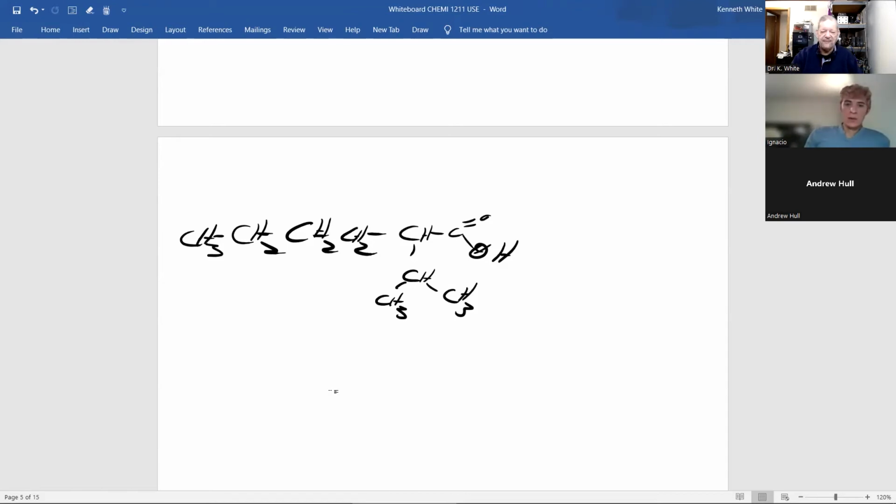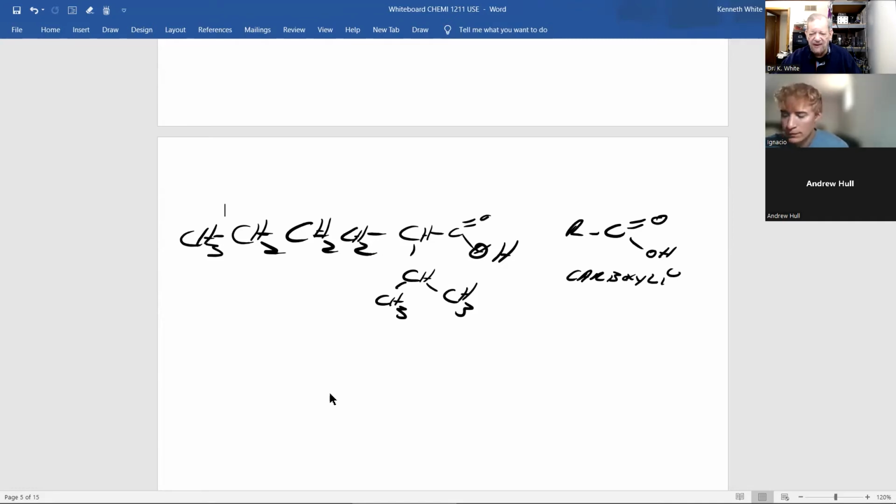All right. So how do you name this? Ooh, carbonyl. Look for what's different. Oxygen, that same carbon, OH, and carbons. This is a carboxylic acid. Remember, this is not test 2 material. This will be on test number 3.